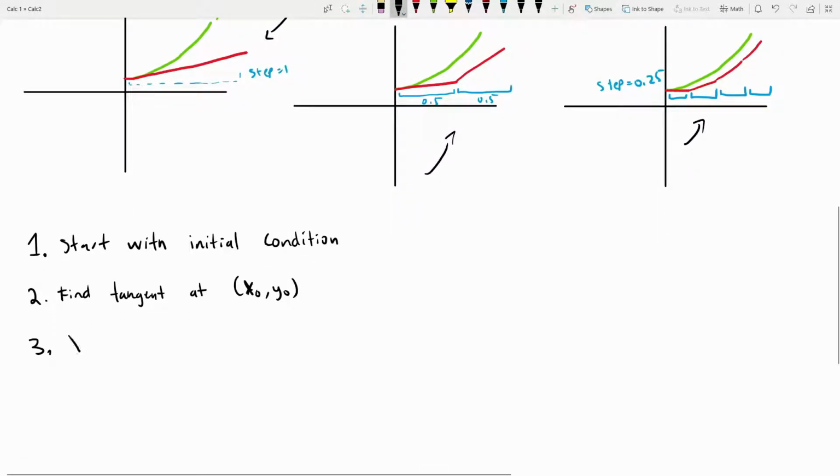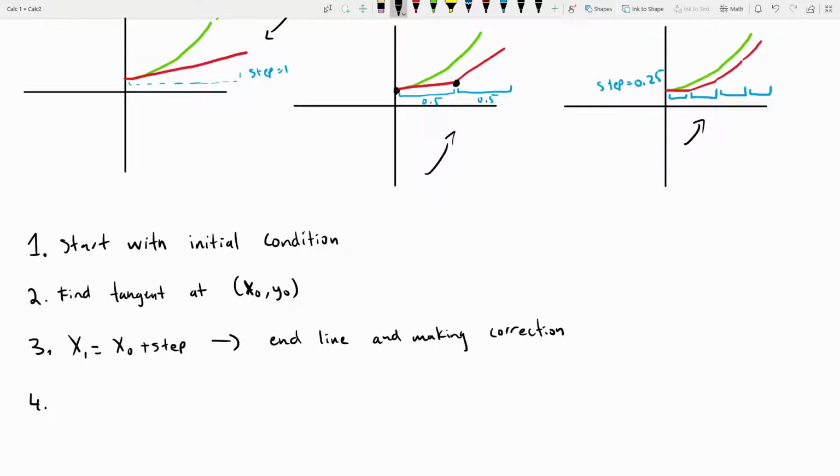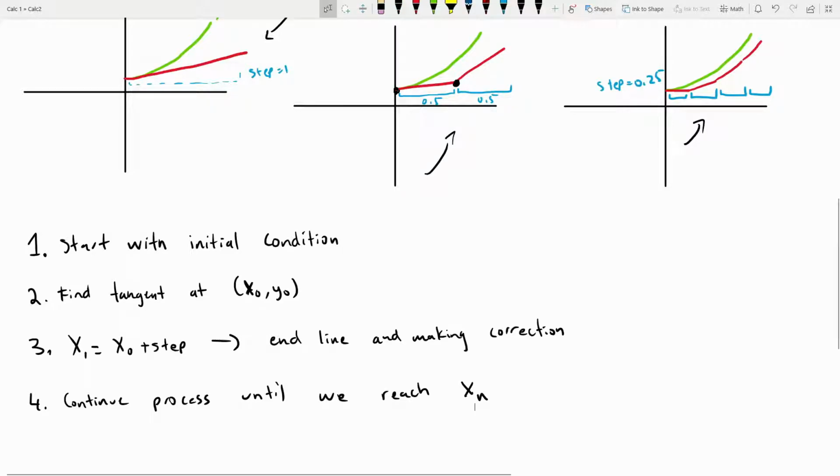For step number 3, we recompute to get a better approximation. We say that x1 is equal to x0 plus the step. The new x value: we were here, we just add on the step value, and we end up here. This is like ending the line and making the correction. And lastly, we continue computing until we reach our desired value. So these are the four steps we need to keep in mind.